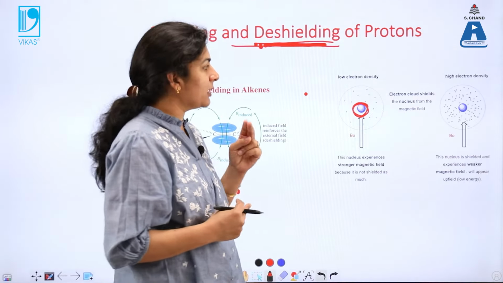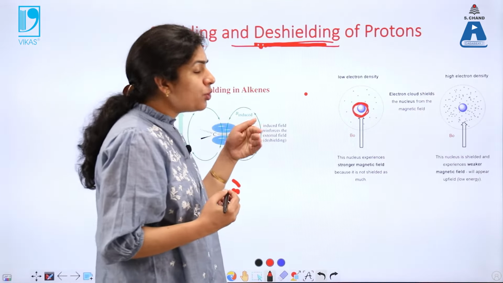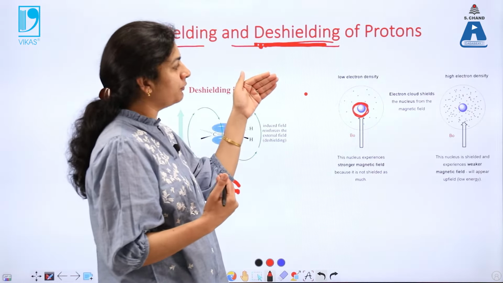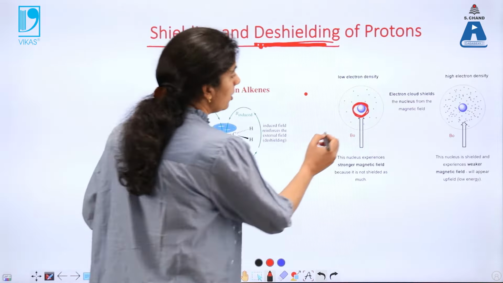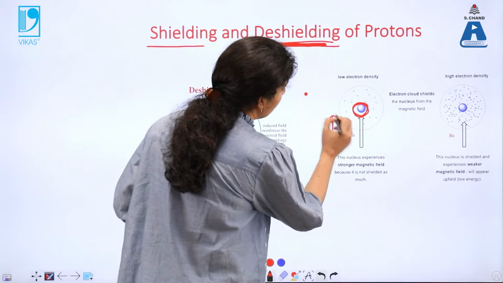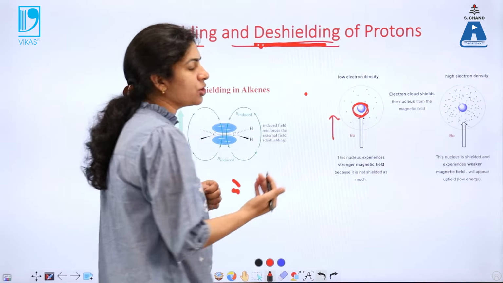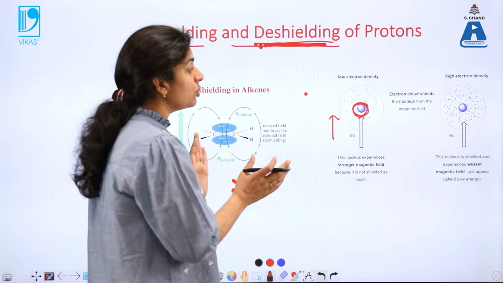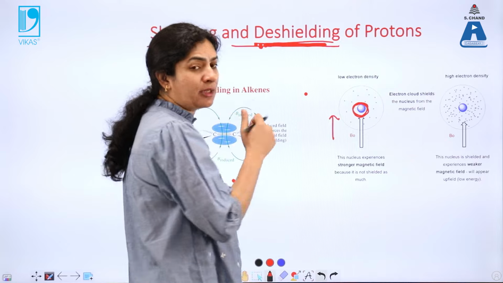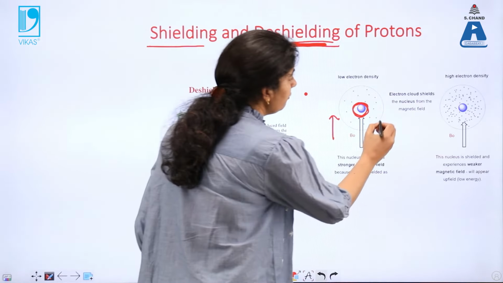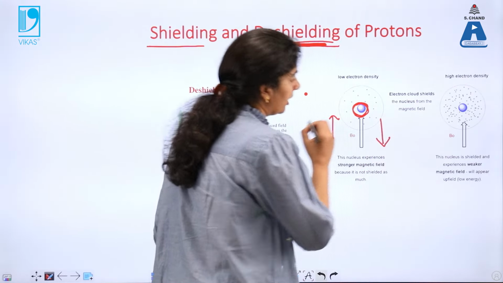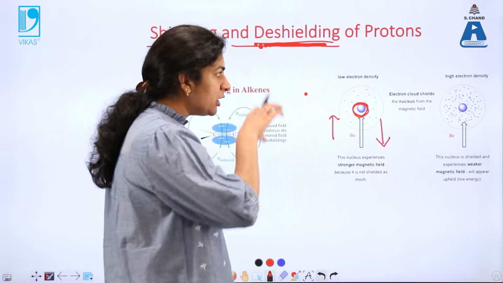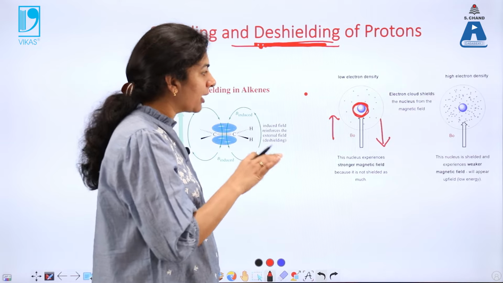There arise two cases. The induced field might be in the direction of the external field. So if the induced field is in the direction of the external magnetic field, this is going to reinforce the effect of the external magnetic field, and if it is against the direction of the external magnetic field, it is going to reduce the effect of the external magnetic field.